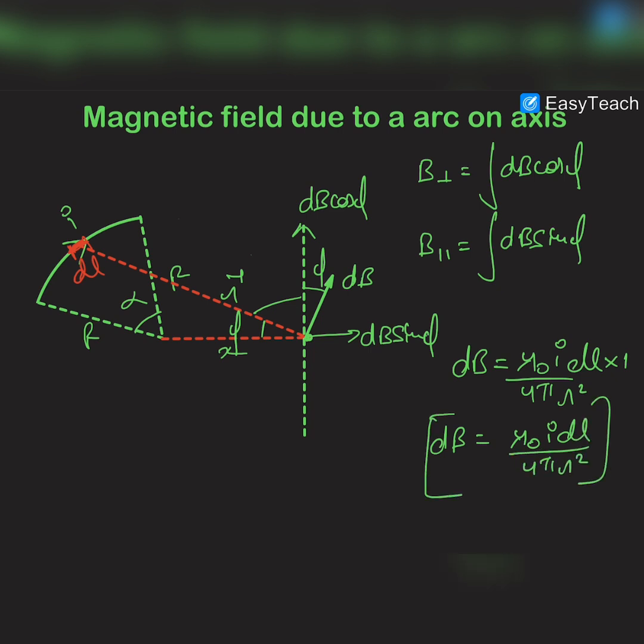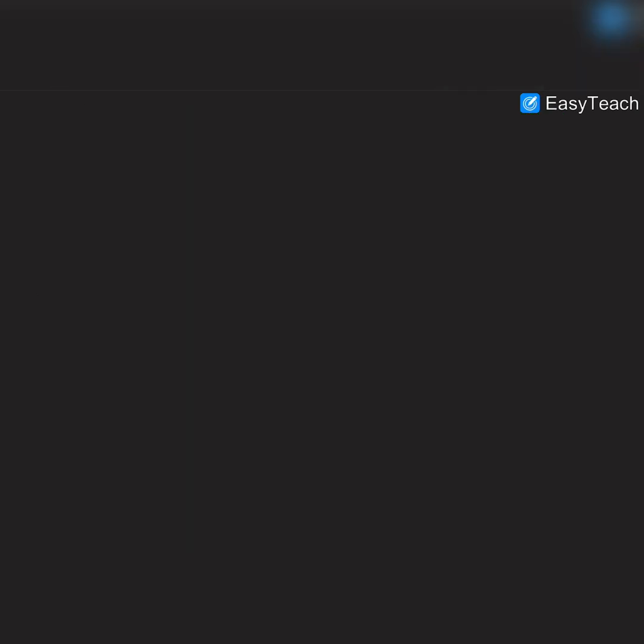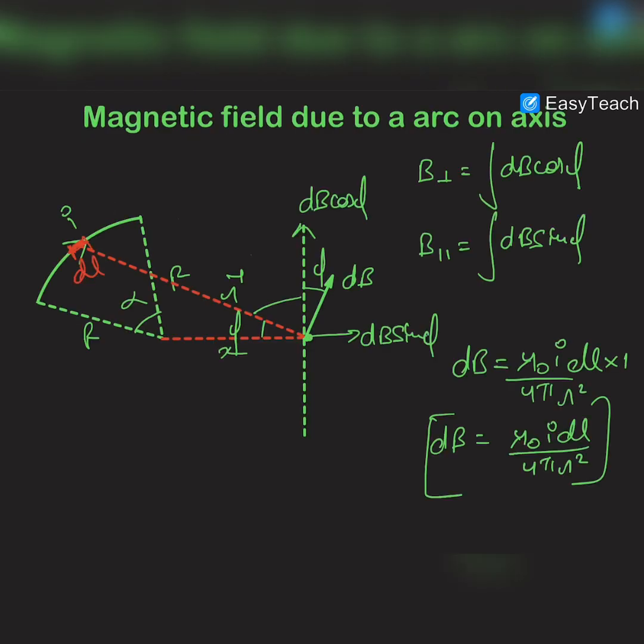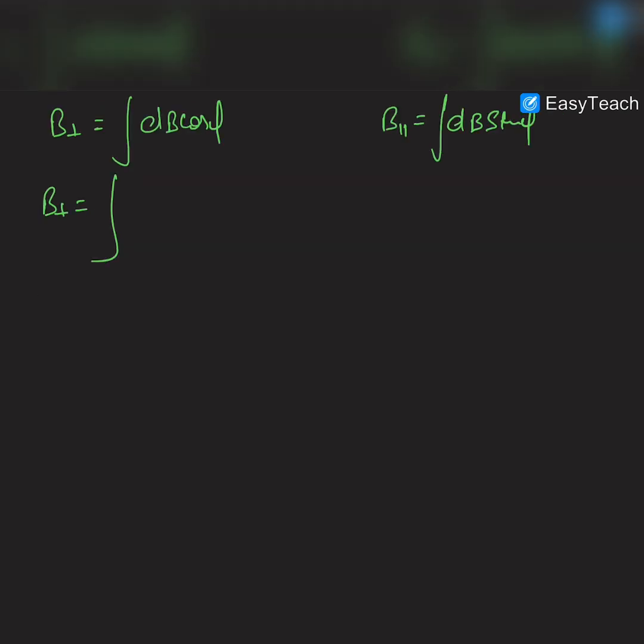Now let us integrate both sides. B perpendicular will be the integration of dB cos phi, and B parallel will be the integration of dB sin phi, where dB is mu naught I dl upon 4 pi r square.